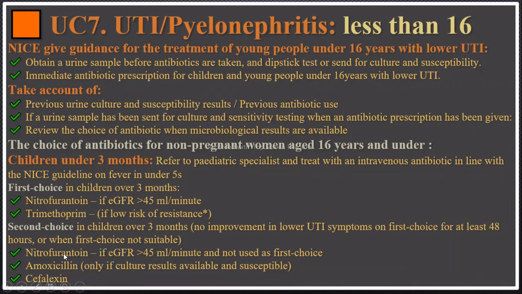So you can use nitrofurantoin if eGFR more than 45 ml per minute and not used as first choice. Amoxicillin if nitrofurantoin is not chosen. So you can use amoxicillin only if culture results available and susceptible. Otherwise, you can use cephalexin.